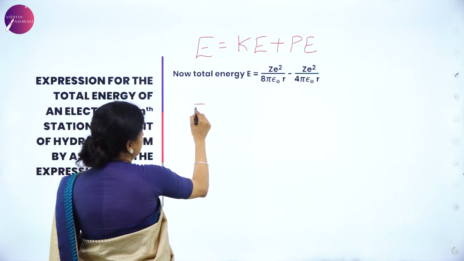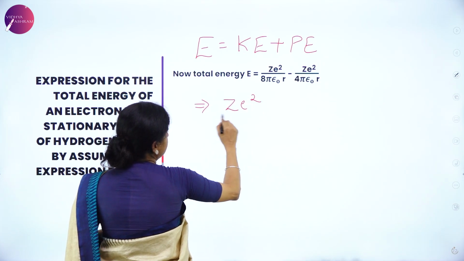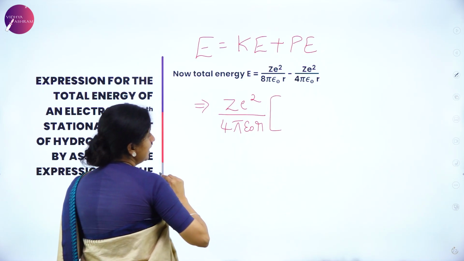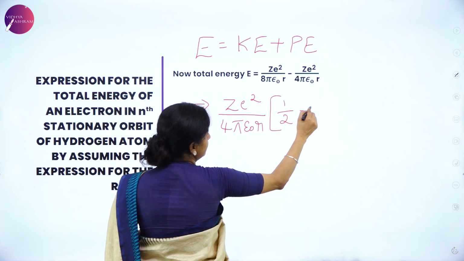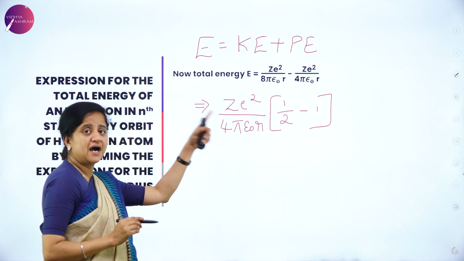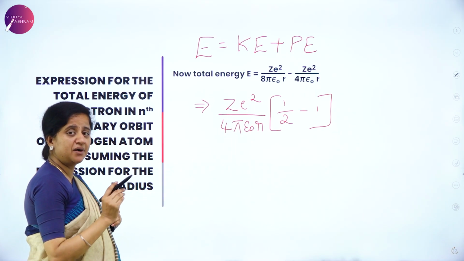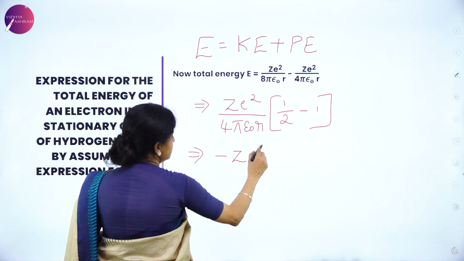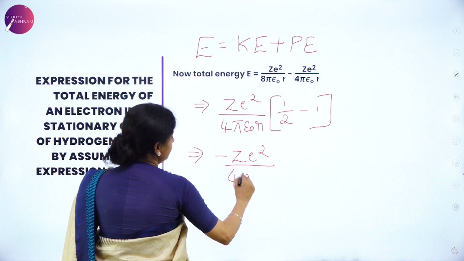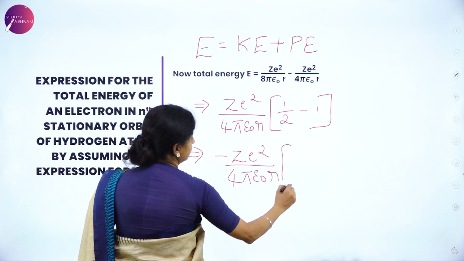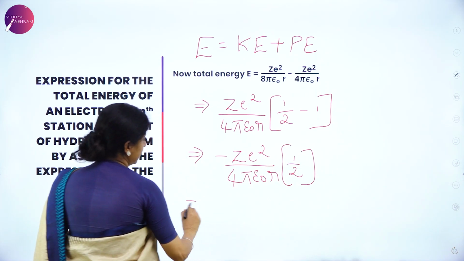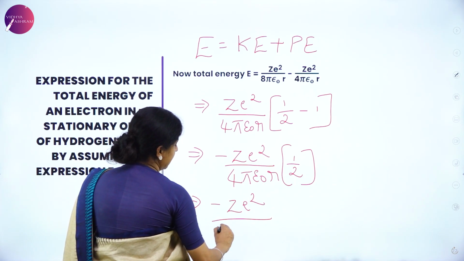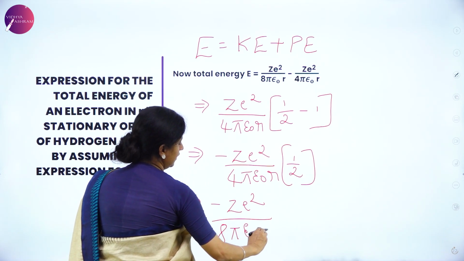Now from this we can take Ze square divided by 4 pi epsilon naught into r common, and we remain with 1 by 2 minus 1. What is half minus 1? It is minus 1 by 2. So we get the equation minus Ze square divided by 4 pi epsilon naught into r, into 1 by 2. Or we can write it as minus Ze square divided by 4 into 2 is 8 pi epsilon naught into r.